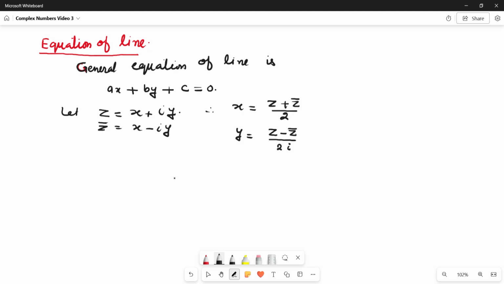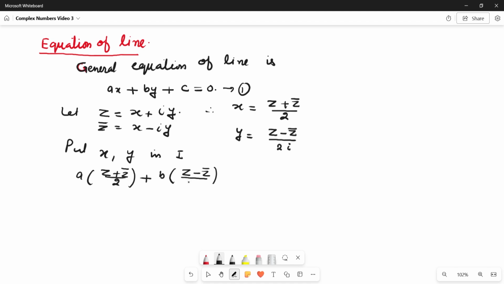Now put the values of x and y in this equation 1. We get here a into z plus z bar upon 2 plus b into z minus z bar upon 2 iota plus c is equal to 0.